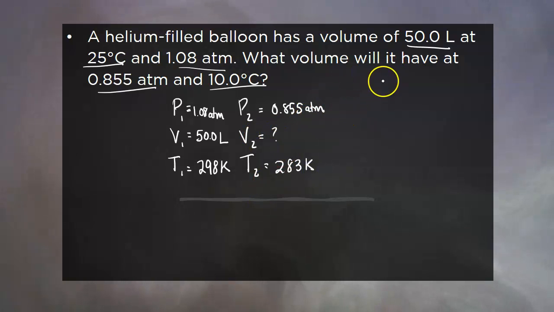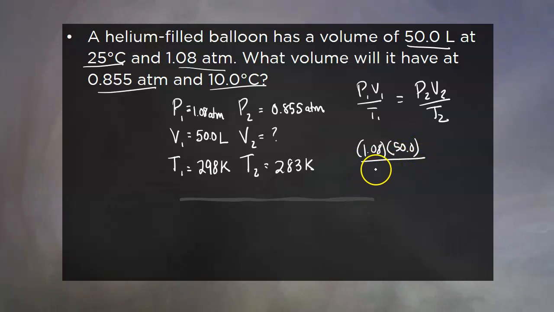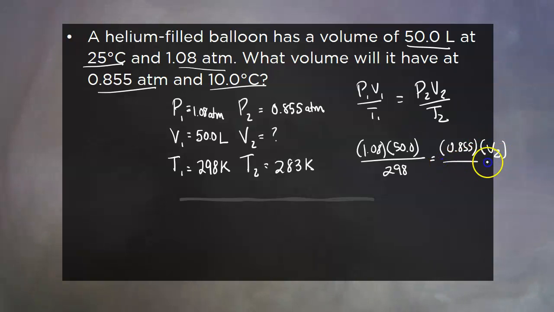So I can set that up with lots of variables, lots of numbers filled in. Again, P1 V1 over T1 equals P2 V2 over T2. 1.08 times 50 over 298 equals 0.855 times V2 over 283.